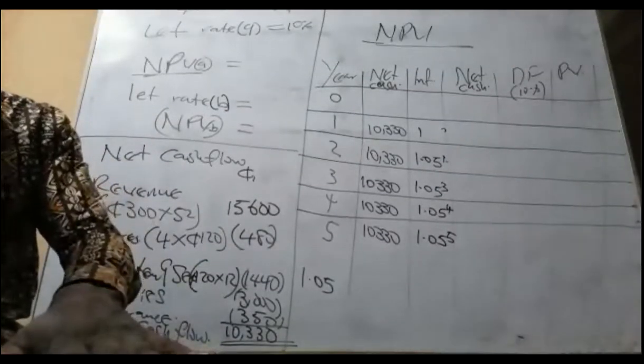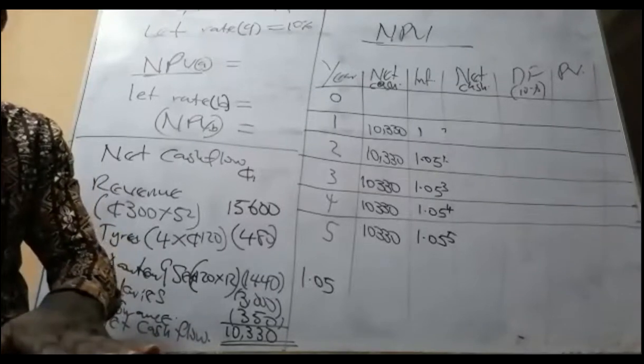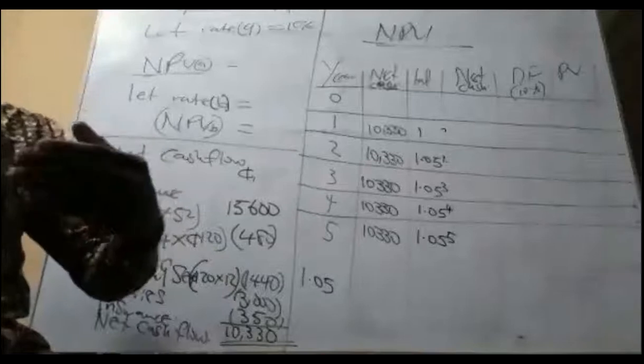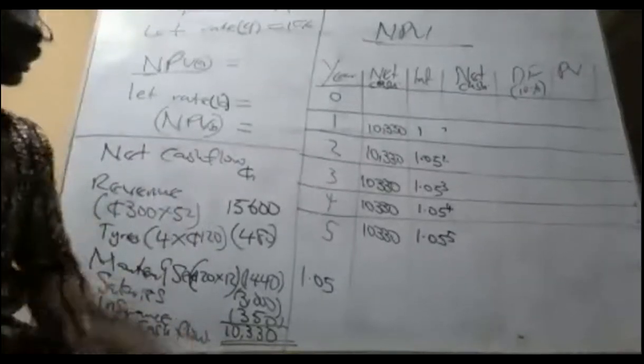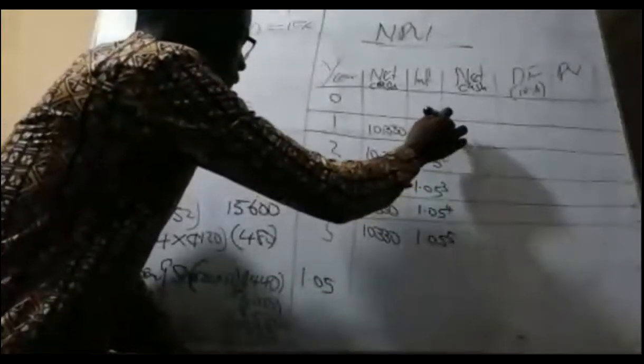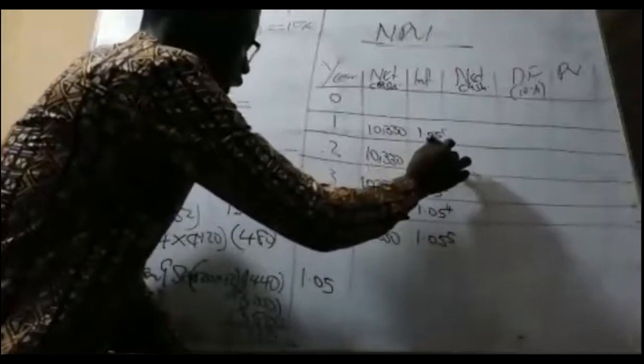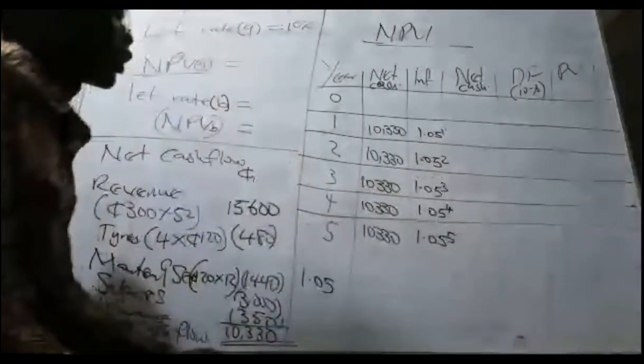That's the situation. Take note. But here it's not like that. So 1.05, then I'll start with my 1, my 2, in that order.